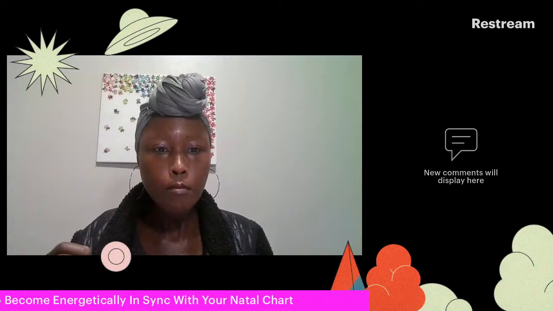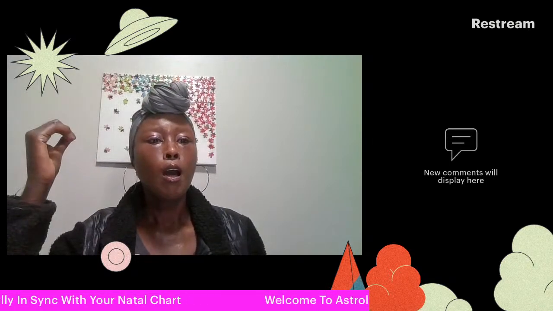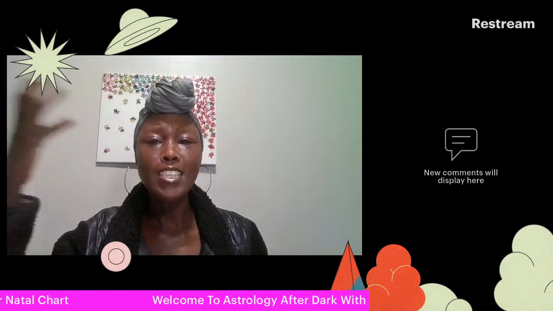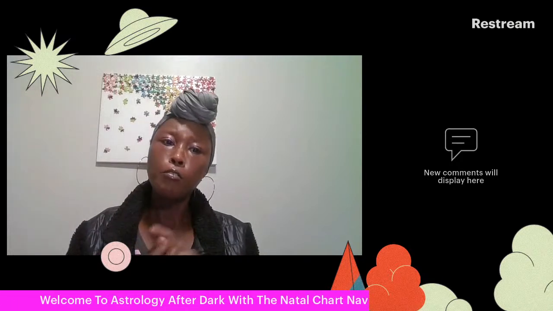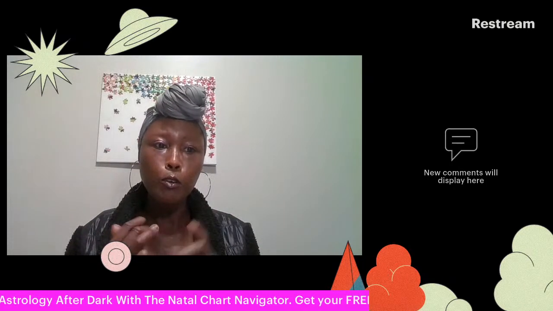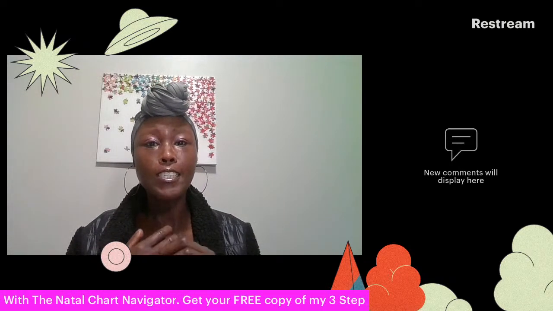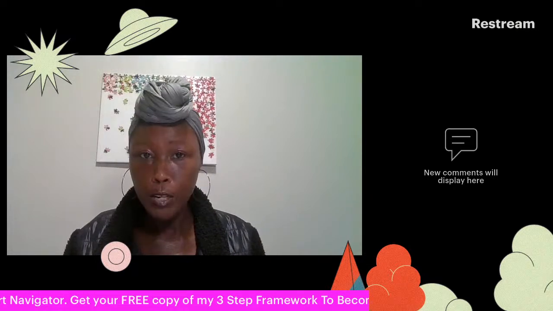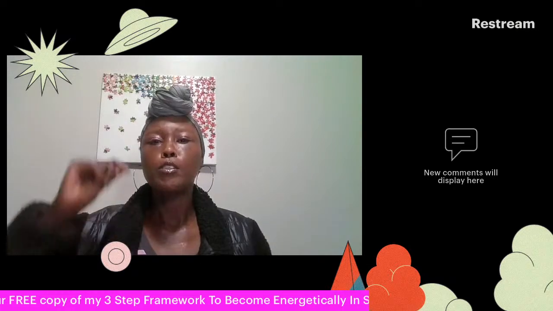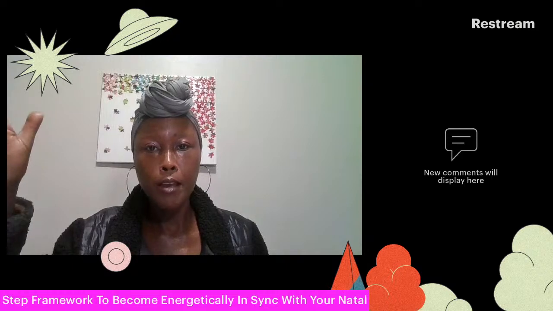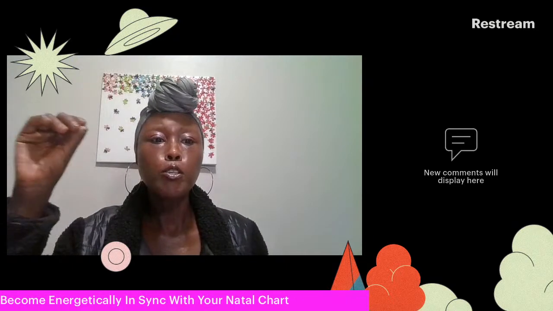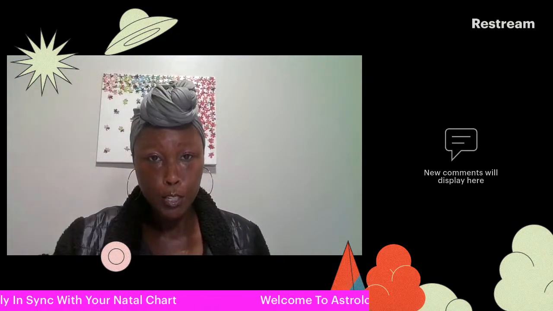Okay. All right. So challenging aspects involve planetary relationships that can create tension, contrast, or difficulties in various areas of your life. And so now let's talk about the squares. Squares occur when 2 planets are about 90 degrees apart.